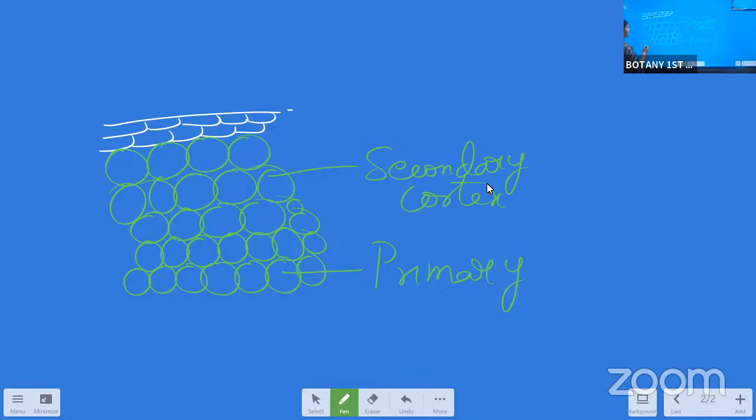So majorly we can see the secondary cortex. So we will call it the secondary cortex. And this secondary cortex is also called the phelloderm. Phelloderm, because it is making the layers in the dicot stem. Those are called the phelloderm.